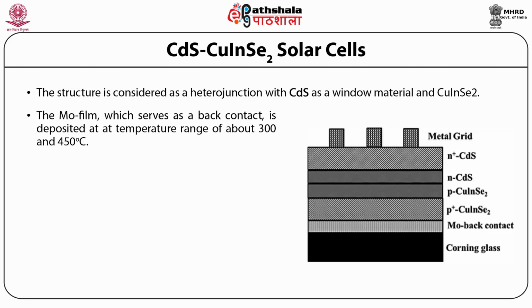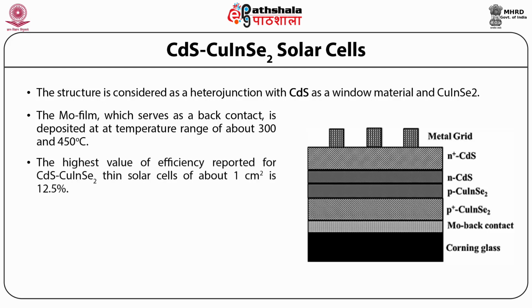The schematic structure of cadmium sulphide copper indium selenide thin film solar cell is shown in the figure. In order to avoid interdiffusion, the cadmium sulphide film is deposited at lower substrate temperatures. Heat treatment in oxygen is an essential step in fabrication in order to get the excellent cell performance.